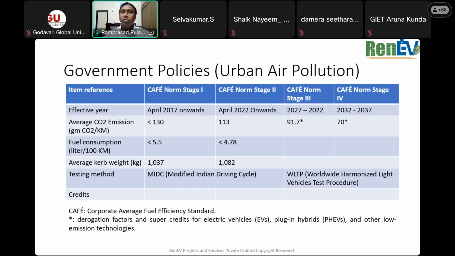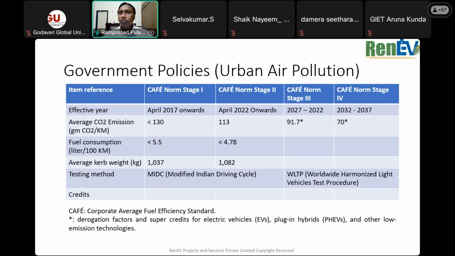And as you go to April 2022 onwards, the average CO2 emissions target has been reduced further. What does that mean? The CO2 emissions coming from the tailpipe of a vehicle have reduced. That means that fuel efficiency has increased for the ICE engines.